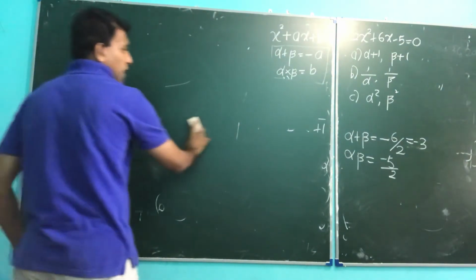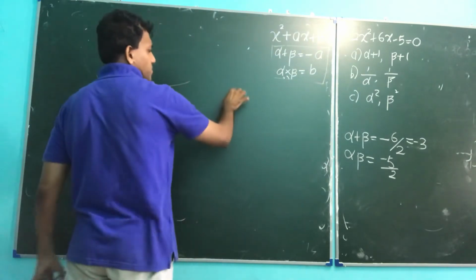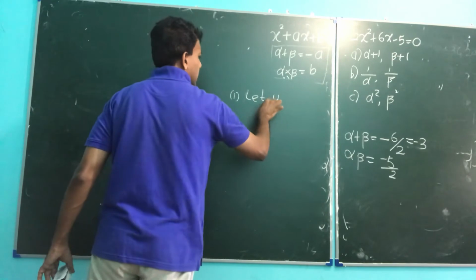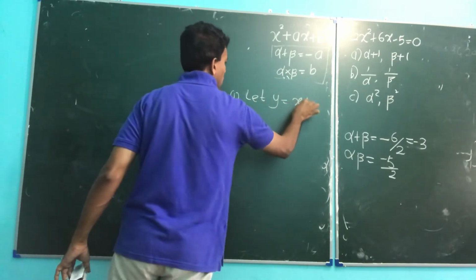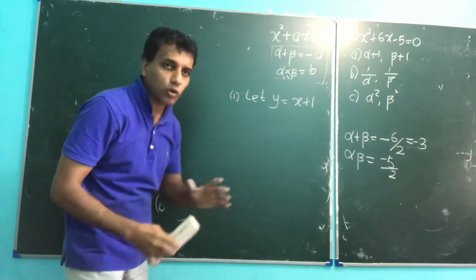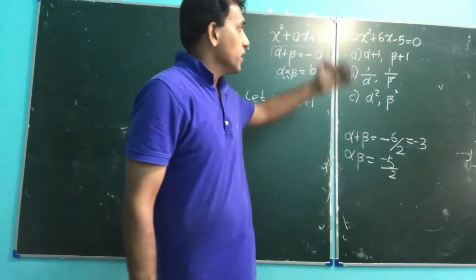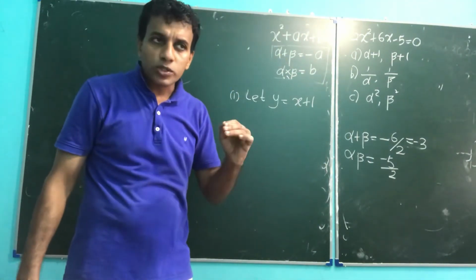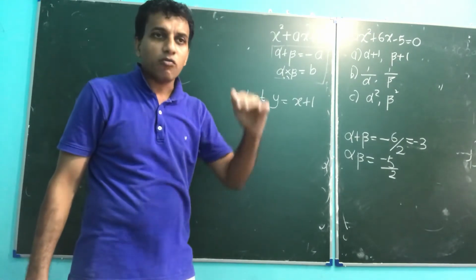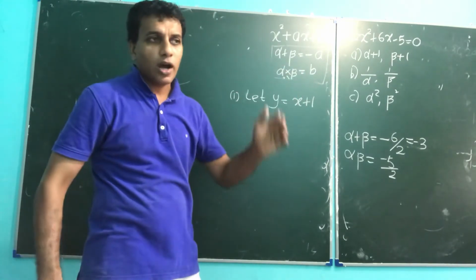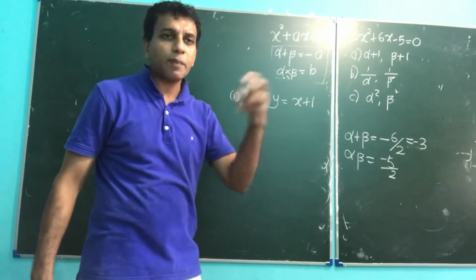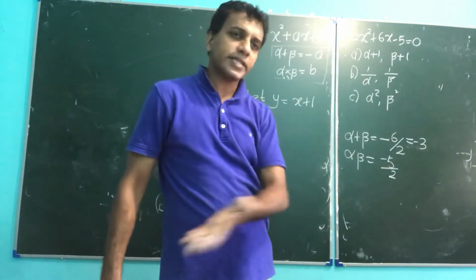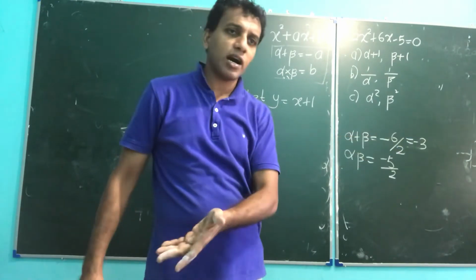But the best transformation here for the first part: let y equal x plus 1. The previous answers are alpha and beta, and here it is one more, so I introduce the letter y, one more than alpha, so alpha plus 1 and beta plus 1. Solutions are for x: x is 10, x is 9, x is 5, x is half.